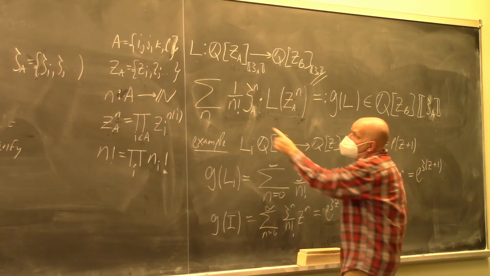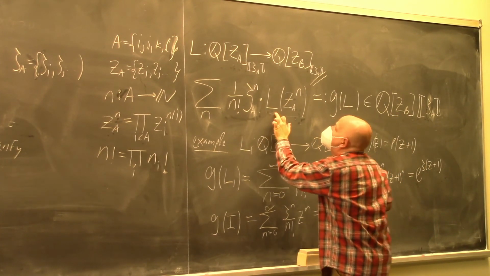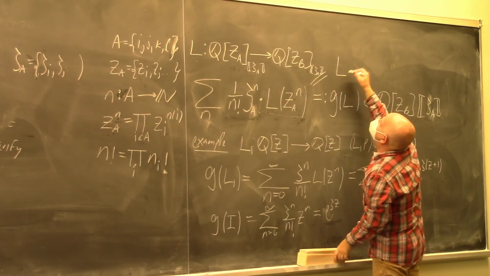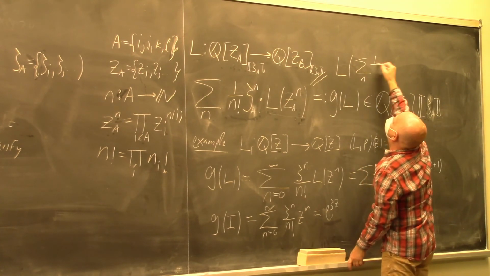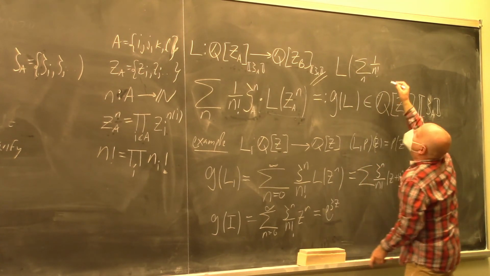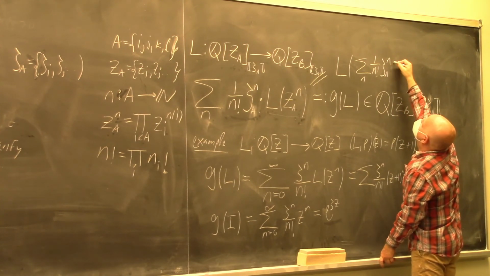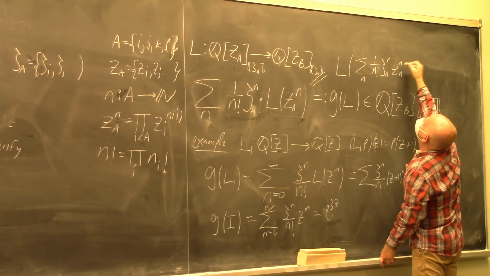And if I do this, I can bring the zetas into L, and also the summation. So this becomes L of the sum over n of 1 over n factorial, zeta z to the n.